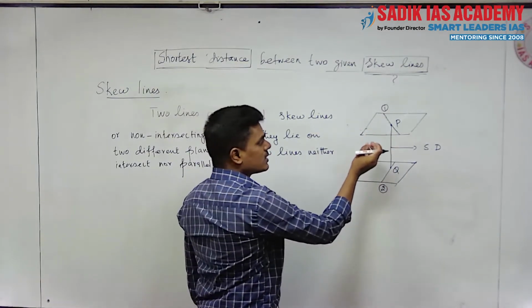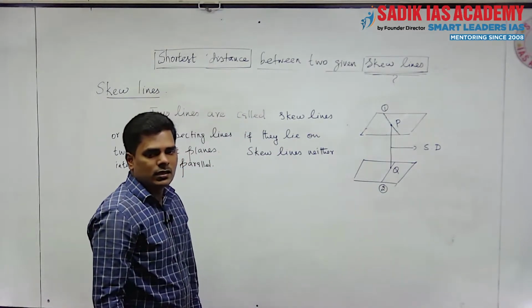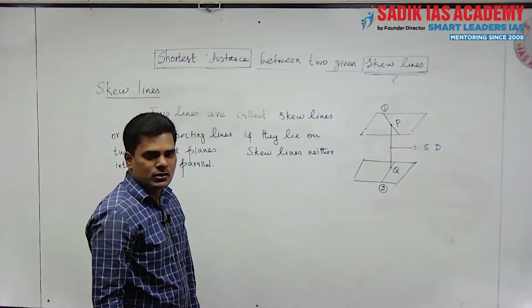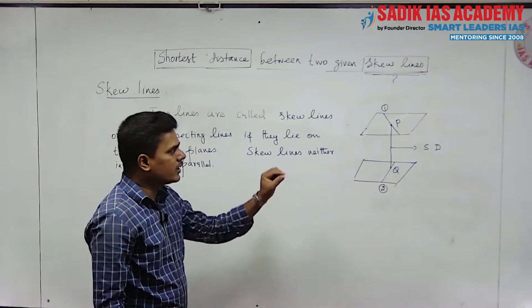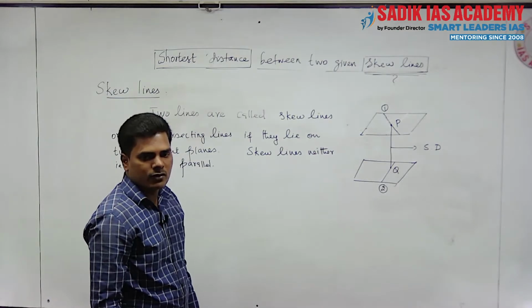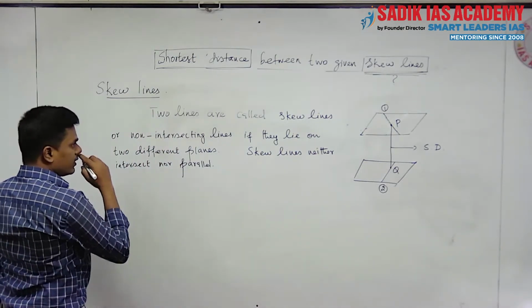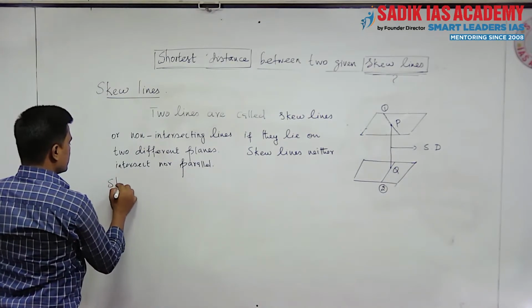So, what is the shortest distance between these two skew lines? It is the distance of the perpendicular line joining the two skew lines, yes or no? Next, we will be writing the shortest distance between skew lines.